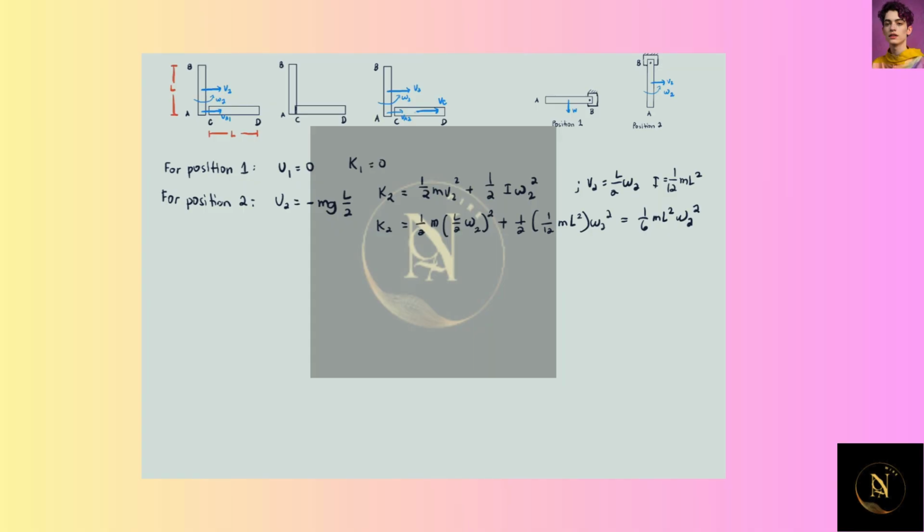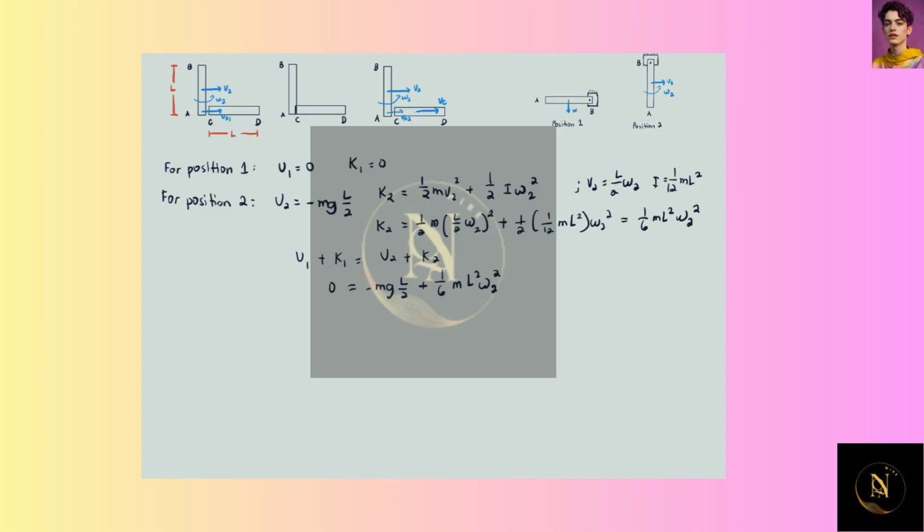Hence our conservation of energy equation is U1 plus K1 equals U2 plus K2. We don't have anything on the left hand side, so 0 equals negative mgL over 2 plus 1/6 of m L squared omega 2 squared.